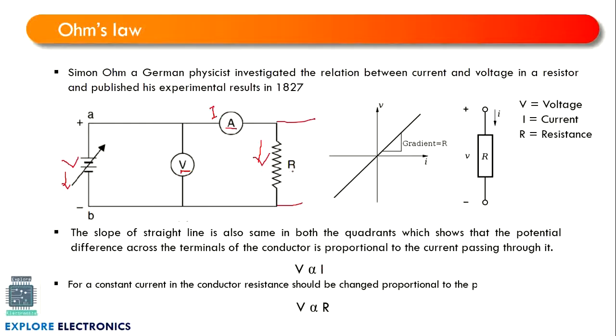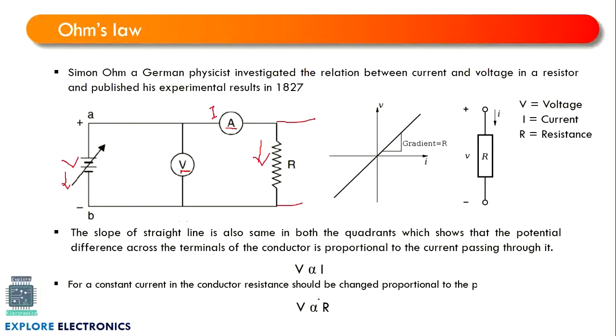Another parameter we need to look at here is resistance. Here, if we keep the current constant, and the resistance is variable, the voltage increases as resistance increases with a constant current. If the current is constant and resistance is decreasing, voltage also reduces.